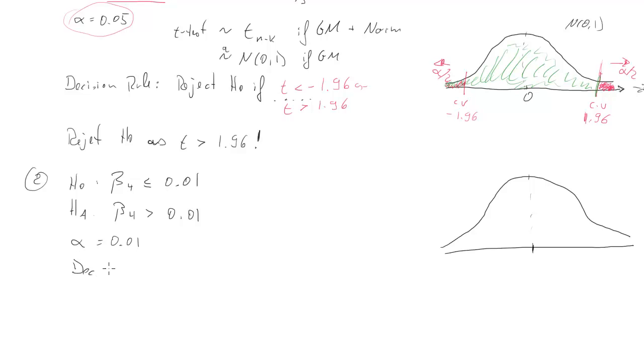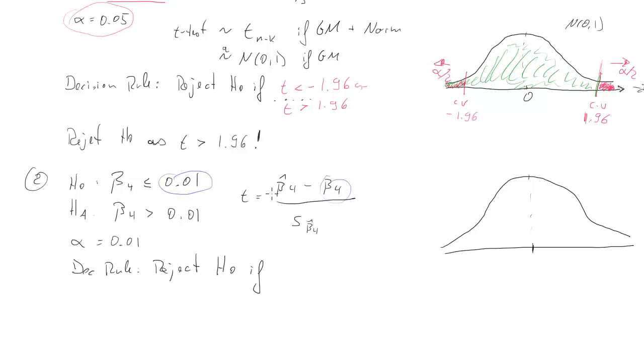So the decision rule is going to be the following: reject H0 if, since we have a right-tailed test, let me first write down what the test statistic in principle is: beta 4 hat minus beta 4, divided by the standard error of beta 4 hat. Again, this beta 4 is going to come from the null hypothesis, so it's going to be 0.01.